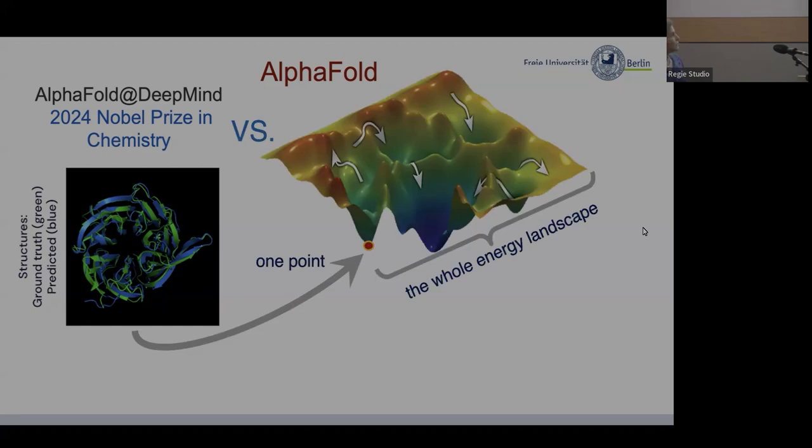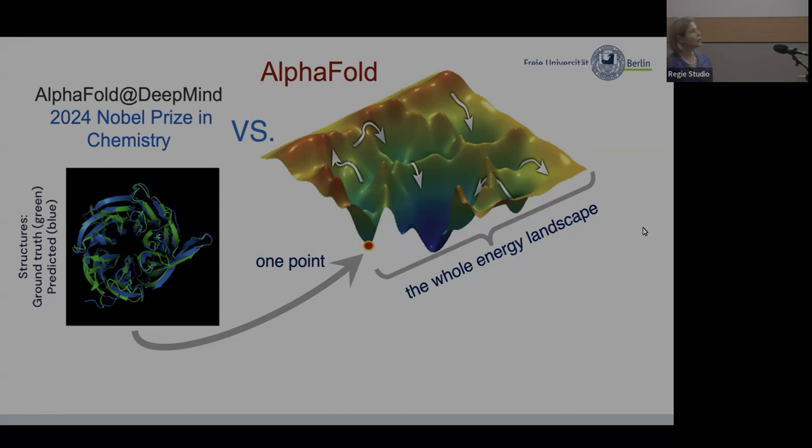If AlphaFold gives you one structure or a set of structures, you can think about these as points in a high-dimensional landscape. These are a set of coordinates, and they are points on a multidimensional surface. What we want is the full surface, the full energy landscape.